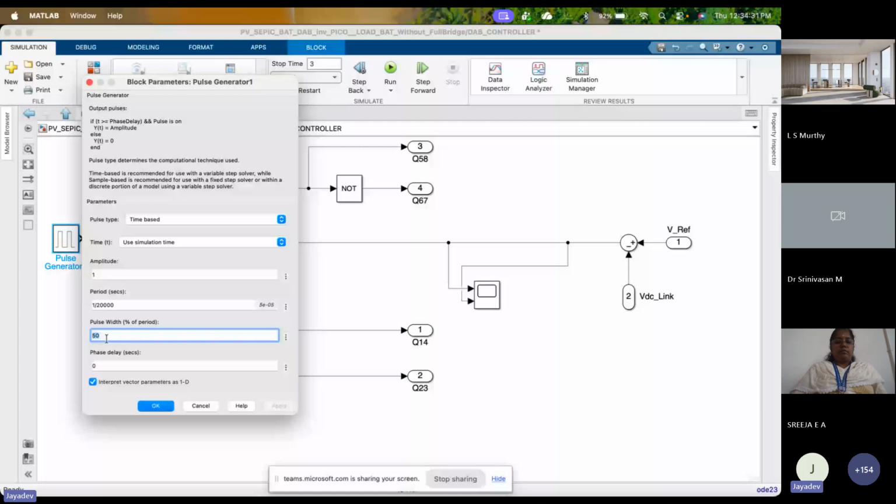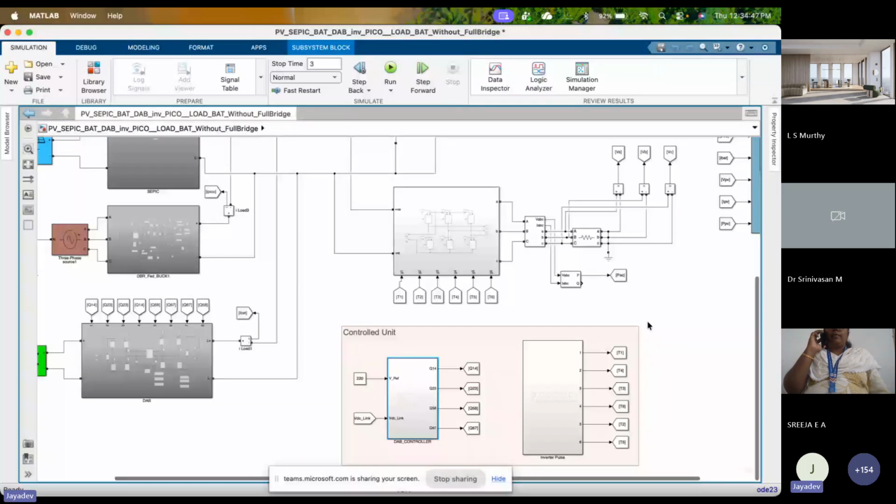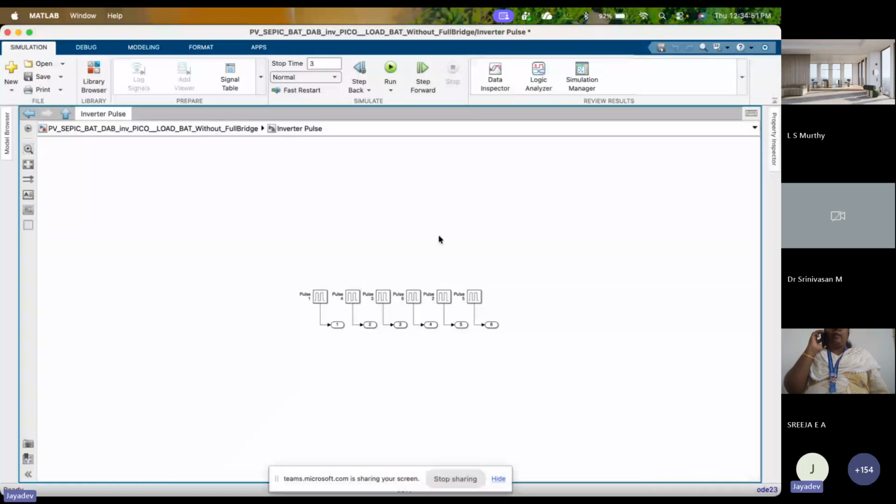So you have decided on 20 kilohertz frequency and 50% duty cycle for the DAB converter. This is directly given to one bridge, and to the other bridge through the variable time delay. This is the normal switching sequence for the inverter, 180-degree mode only. This is the phase shift between one leg and the other leg only.